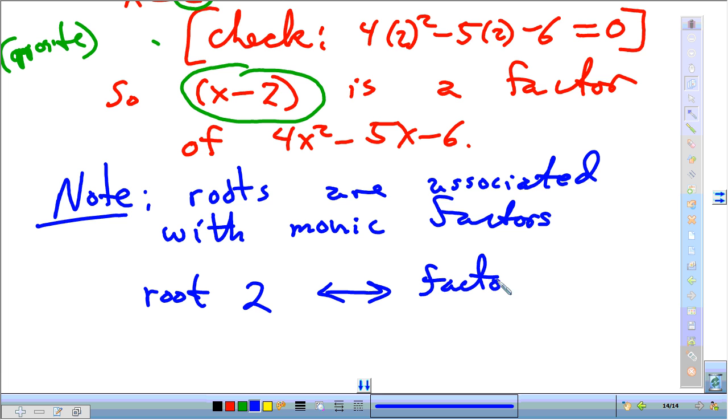So we have the root 2, we have the factor x minus 2. So that leading coefficient is a 1 in this association.